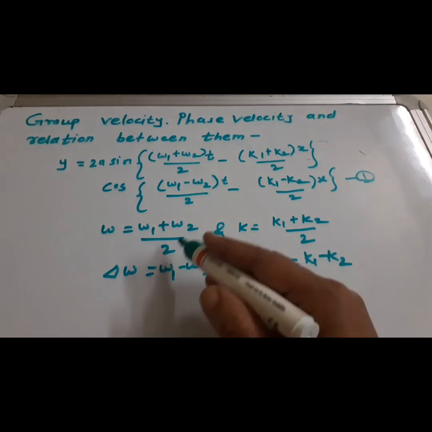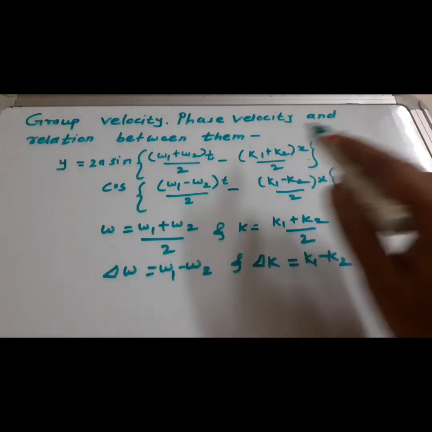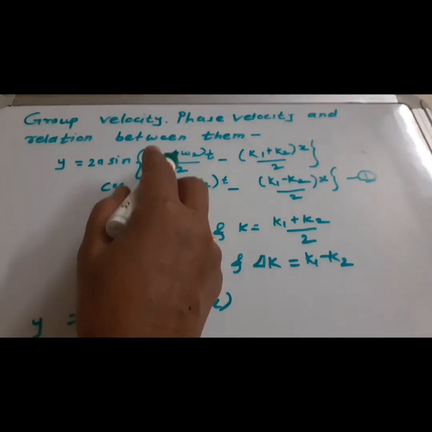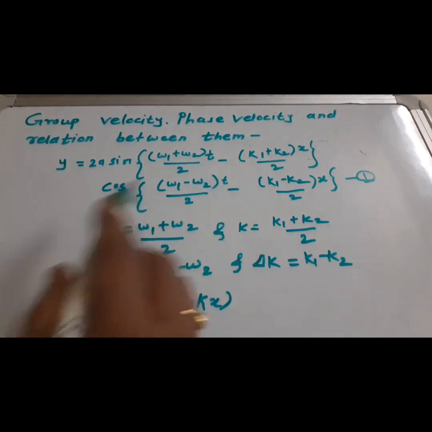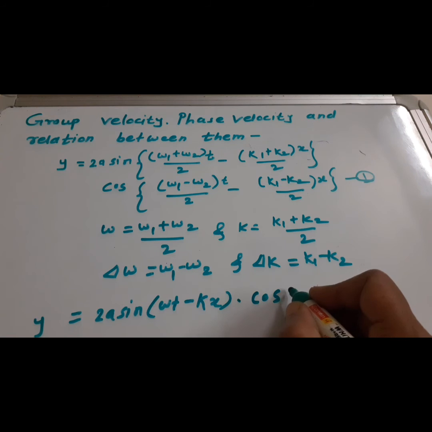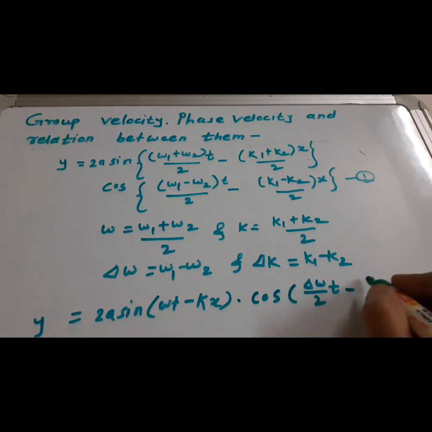Using these, equation 1 can be written as y is equal to 2a sin(omega t minus k x) cos[(delta omega/2) t minus (delta k/2) x].